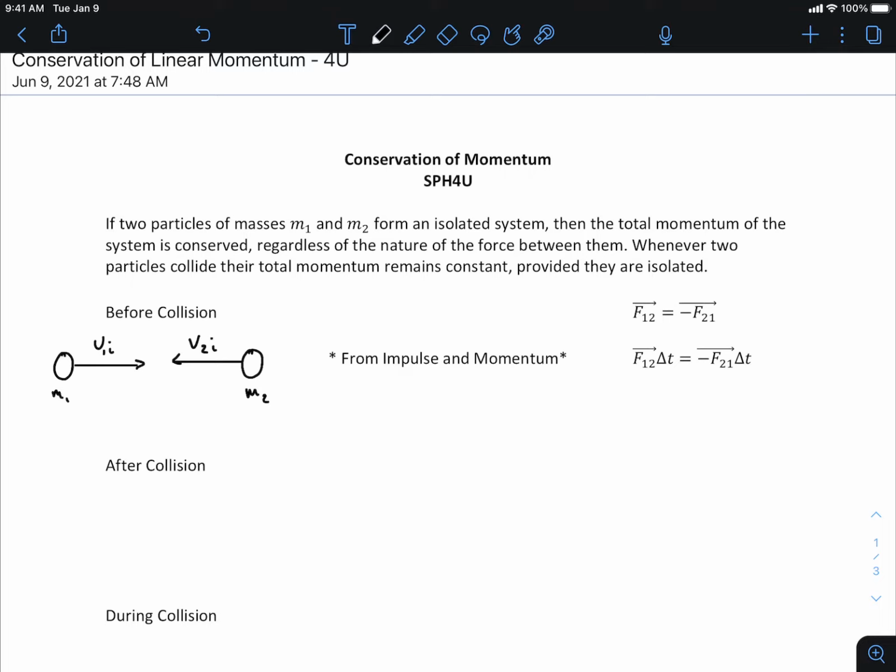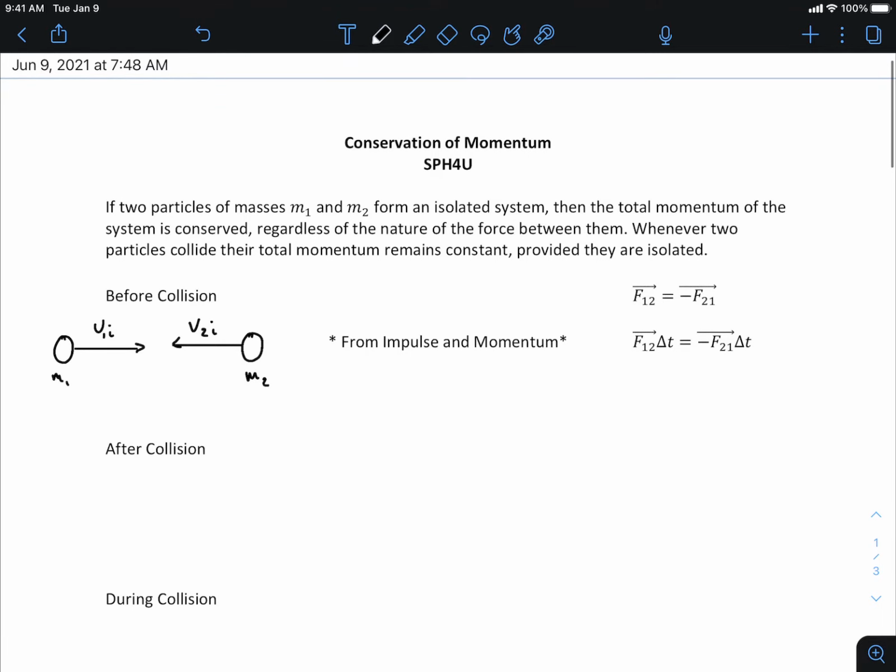Then these two particles are going to collide, and after the collision, they're going to bounce off of one another. Let's just assume that it stays completely in the x direction. Now particle 1, or m1, is moving in the opposite direction.